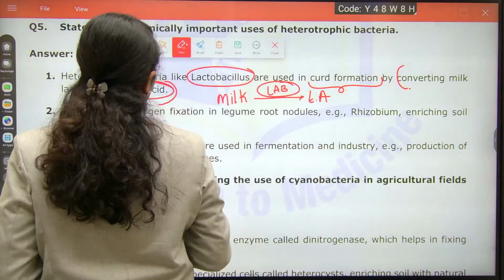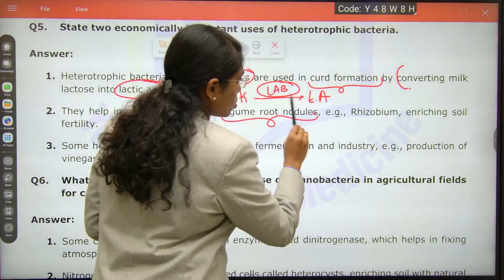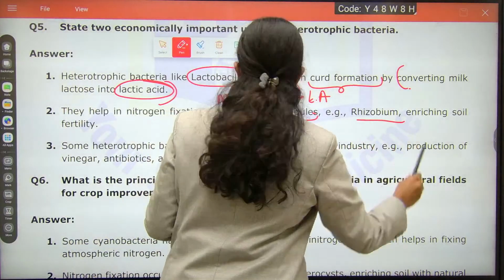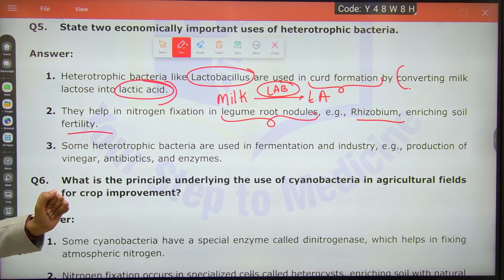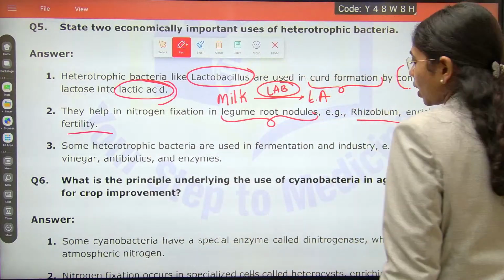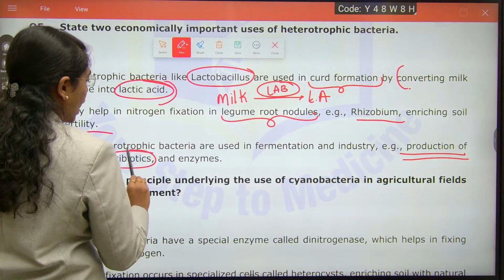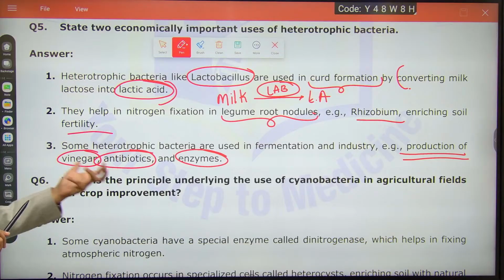They help in nitrogen fixation in legumes. In root nodules nitrogen fixation happens, for example Rhizobium, enriching soil fertility. Some heterotrophic bacteria are also used in fermentation and industry, for example production of vinegar, antibiotics and enzymes.